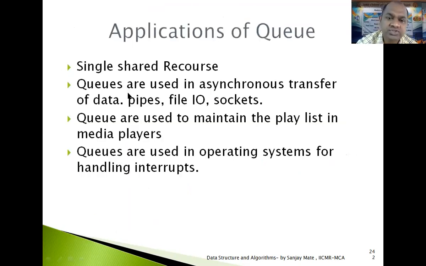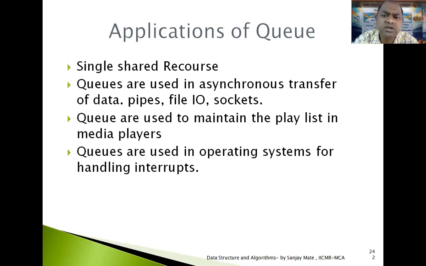Applications of queue: a single shared resource. If you are using a single resource which is shared by many people, in that case we are going to use a queue. A simple example is the taps in our colleges or offices. If anyone is using the water tap and you want to fill your bottle, you need to wait.